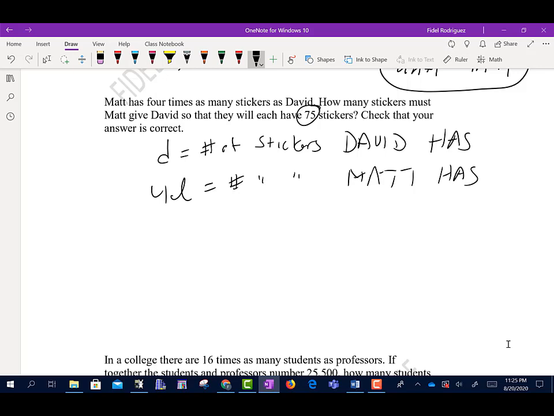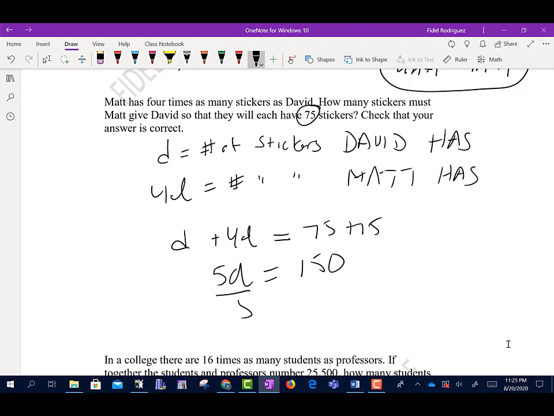Okay. Now it says that together they have 150. So wouldn't the number of stickers that David has plus the number of stickers that Matt has, D plus 4D, be 5D equals 150?